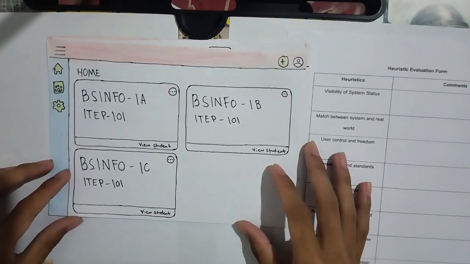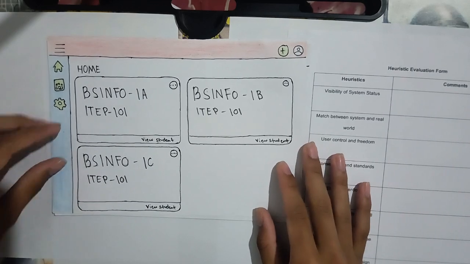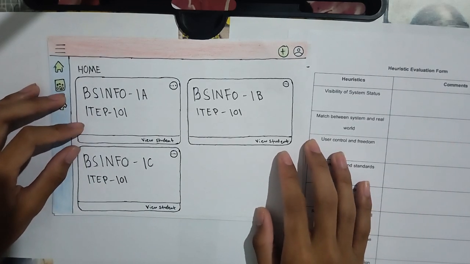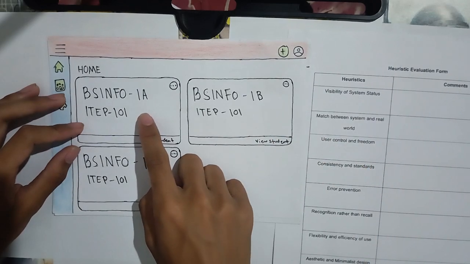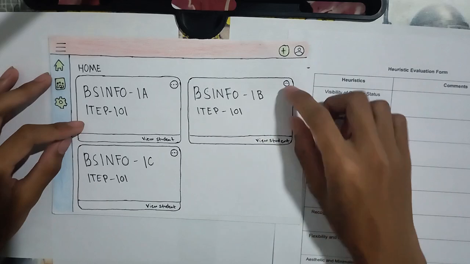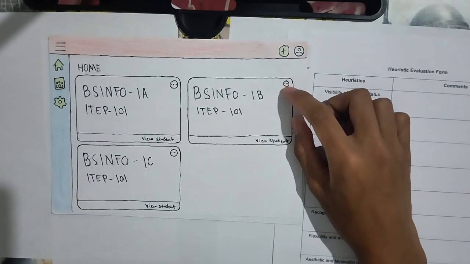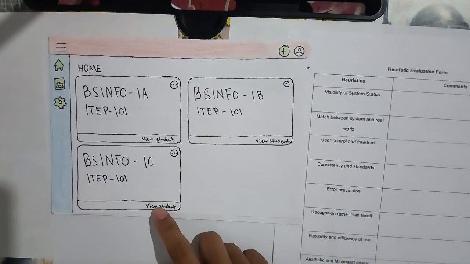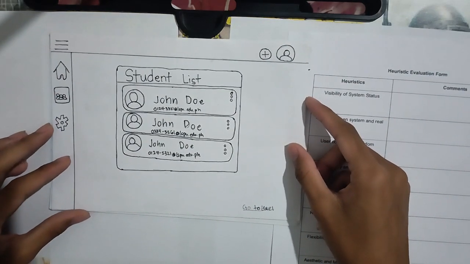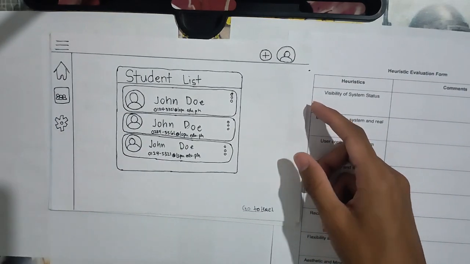It's so different from the students'. The teacher can view the classes that they handle here, like Info 1A, 1B, and 1C. I guess they can edit here, and when they view the students, this is the interface that will pop up for the teacher, where it will show the student list.